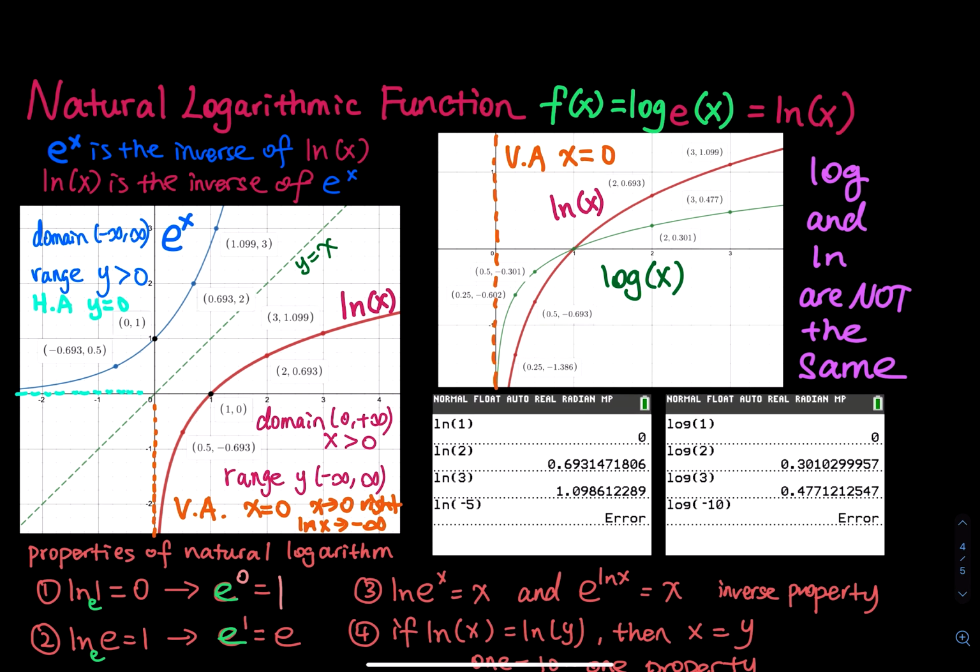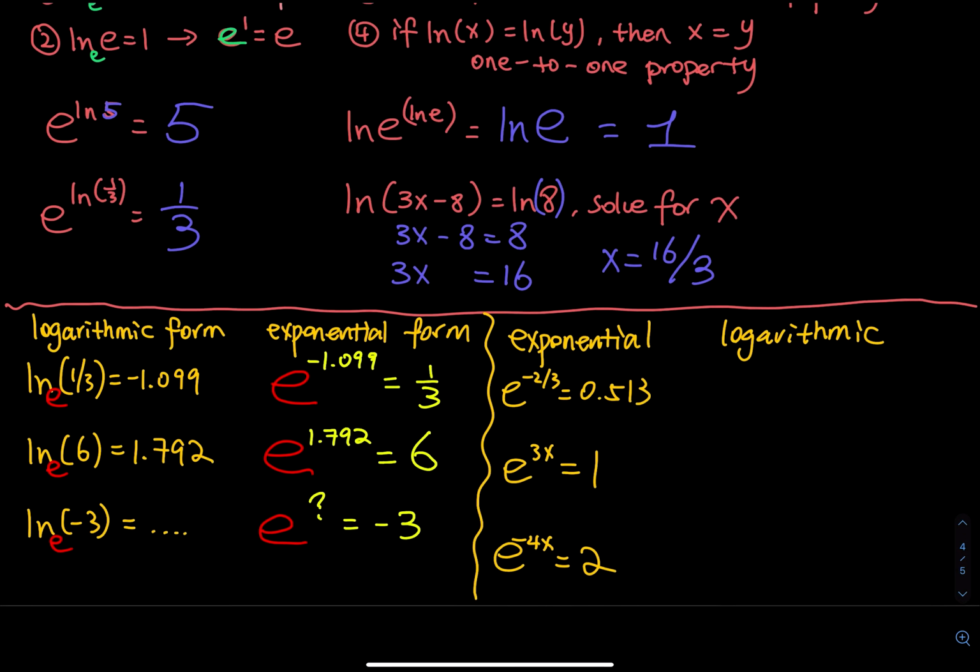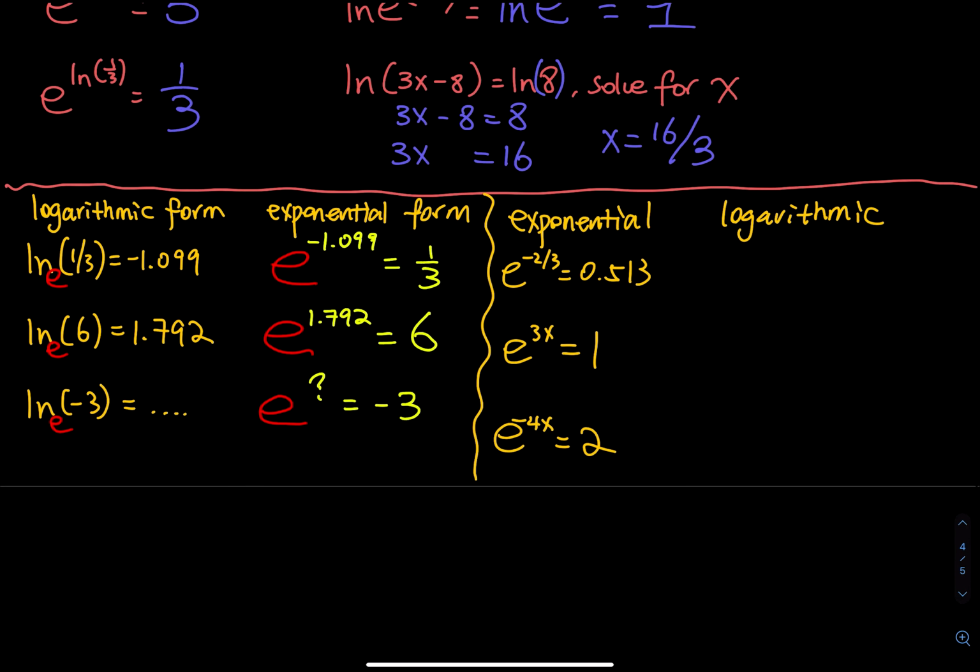So back to the graph of ln and log. Do we agree that there is nothing on this side? So for the graph of ln and log, when x is negative, nothing is defined, right? So go back to our problem. This problem is asking, hey, e to the what power is equal to negative 3, which is equivalent to, hey, 2.7 multiplied by itself a few times equals a negative.